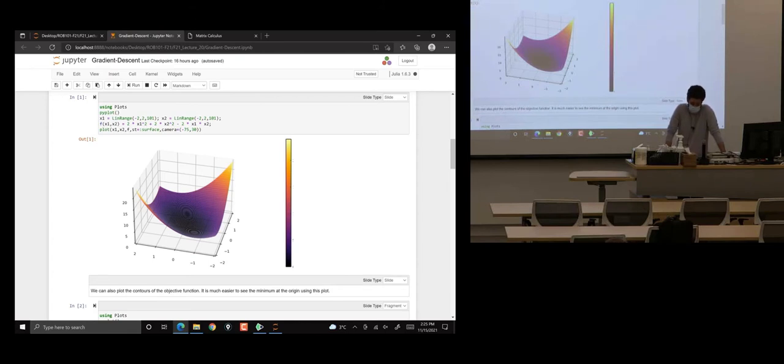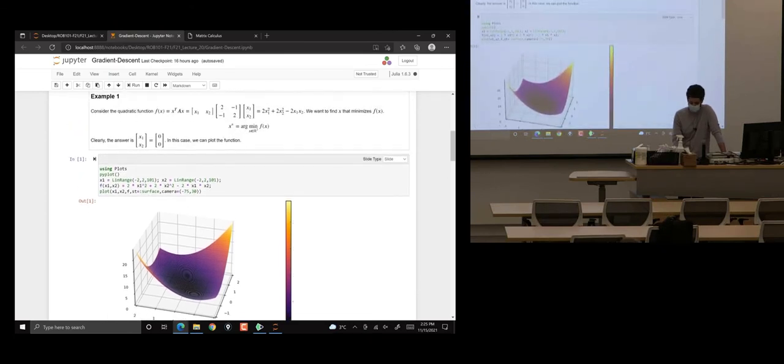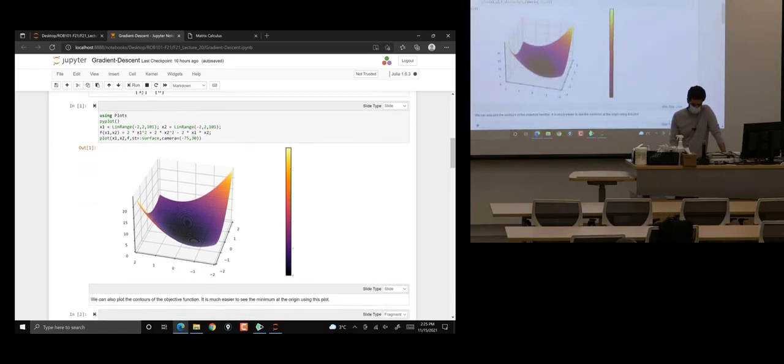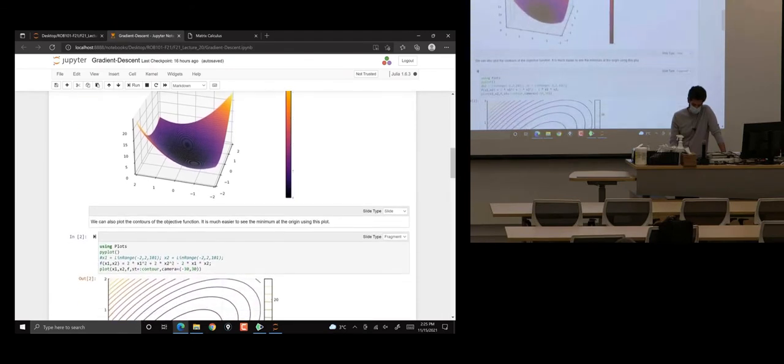Clearly, the minimum is at 0, right? If x1 and x2 are 0, that's where my quadratic function takes its minimum. So that's the solution. So we know the solution. That's a test problem. We want to see if our algorithm works well.